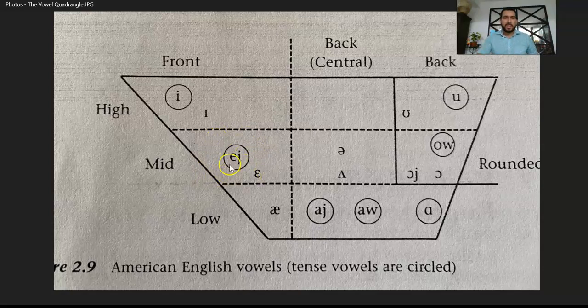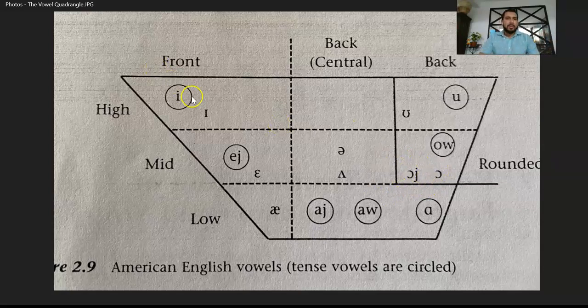This one, a lowercase e and a j, is the A diphthong. This one, an a and a j, is the I diphthong, which we're going to be studying today. And this one here is the oi diphthong. So the symbols are a little different, but these ones are linguistically very accurate.